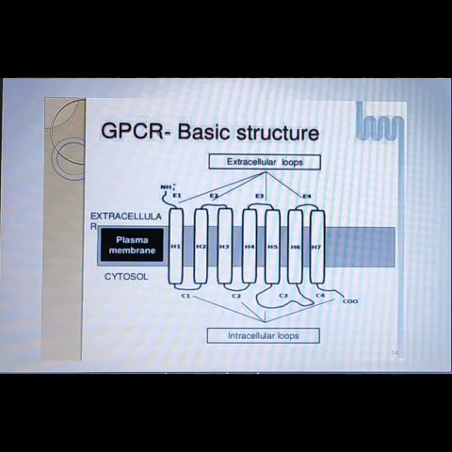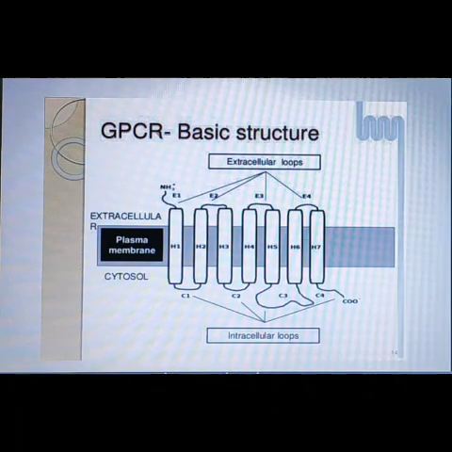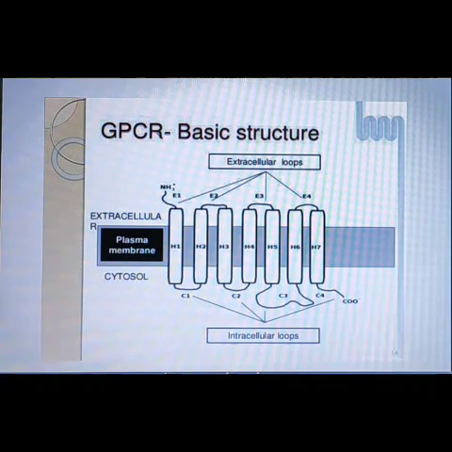The N terminus is extracellular, so outside is the N terminus and inside is the carboxyl terminus, or C terminus. In the plasma membrane, the 4 loops E1 to E4 are outside, and the 4 loops C1 to C4 are inside the cellular membrane.